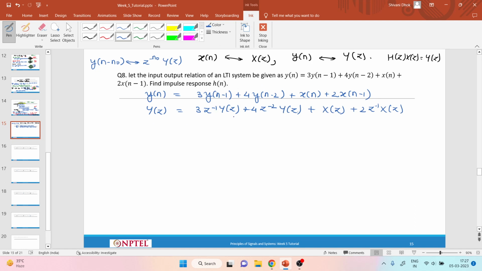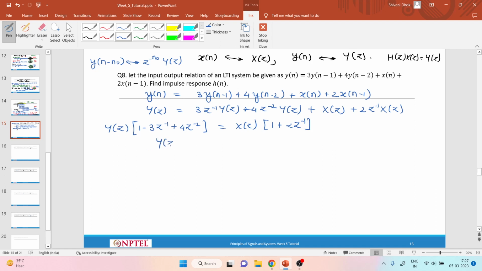So I'll take all the terms corresponding to y of z to one side. So we have y of z, the bracket 1 minus 3z inverse plus 4z to the power minus 2. This is equal to x of z common multiplied by 1 plus 2z inverse.